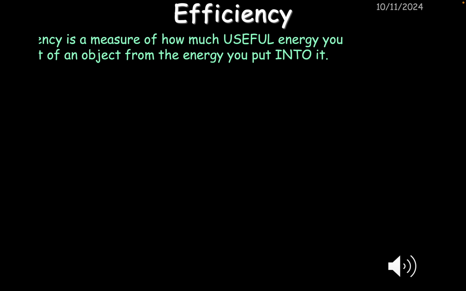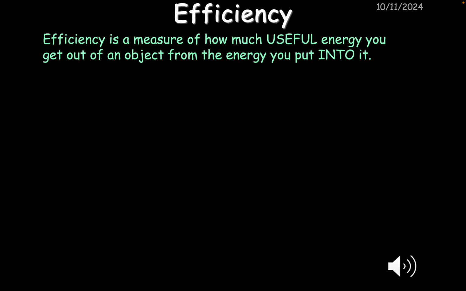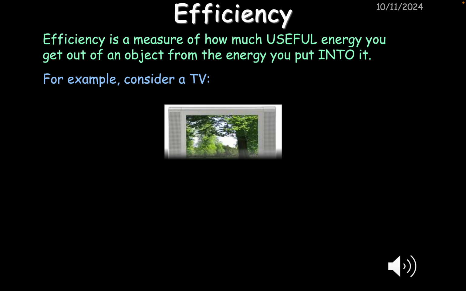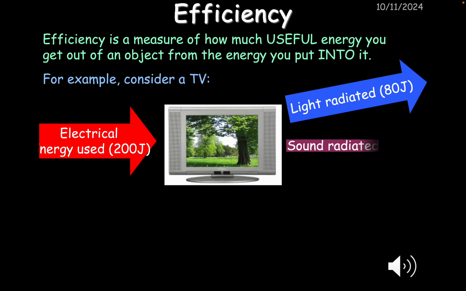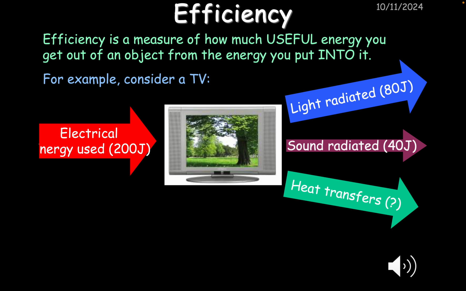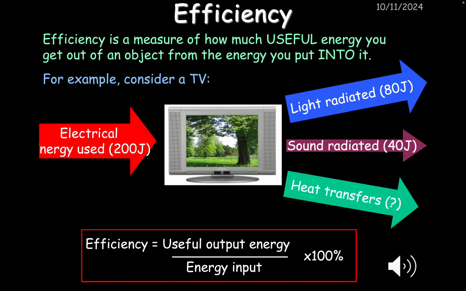And efficiency then is how much of the transfer goes into the wanted or the useful energy output. For example, a TV uses 200 joules electrically, and it gives off light, it gives off sound, so these are forms of radiation, and some of it will transfer into heat.